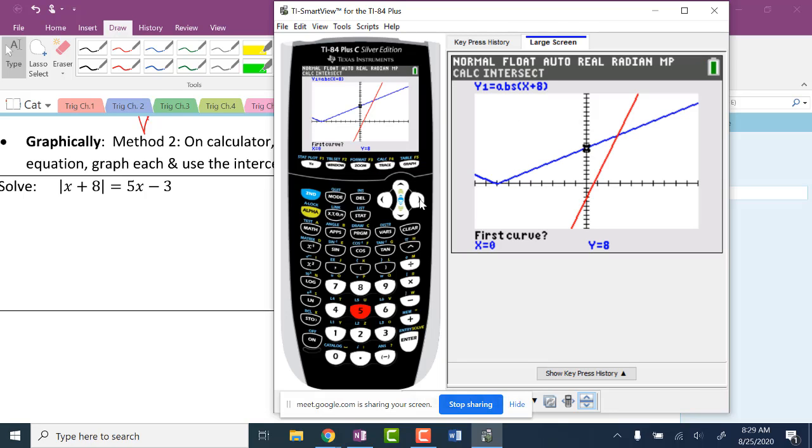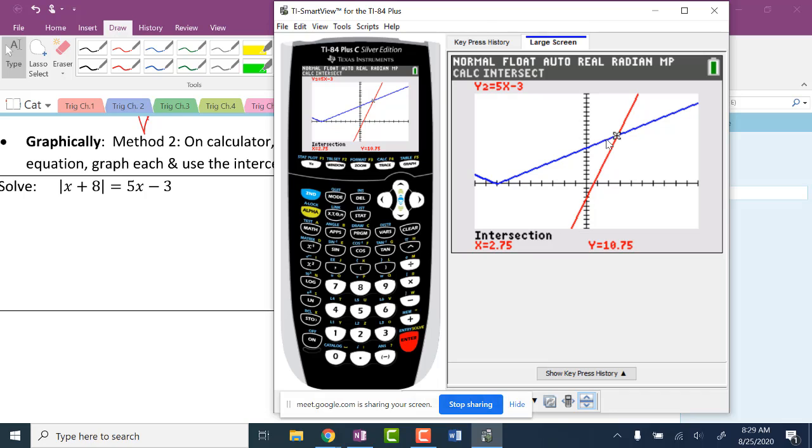Here's what's great about this. You have to do nothing. You could go over to where they're close to intersecting. It says first curve, and notice it's going along the blue. But really, you could just press enter. Second curve, just press enter. I don't understand why they have this guess thing. Just press enter one more time. You need to hit 3 enters until you see intersection.